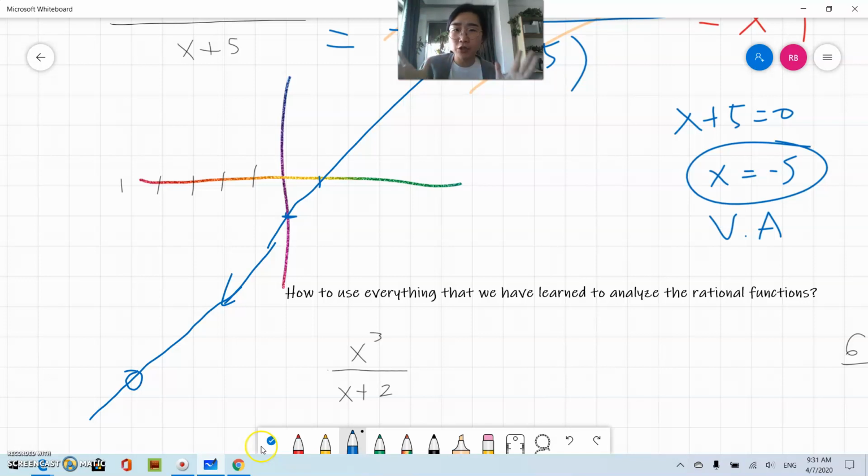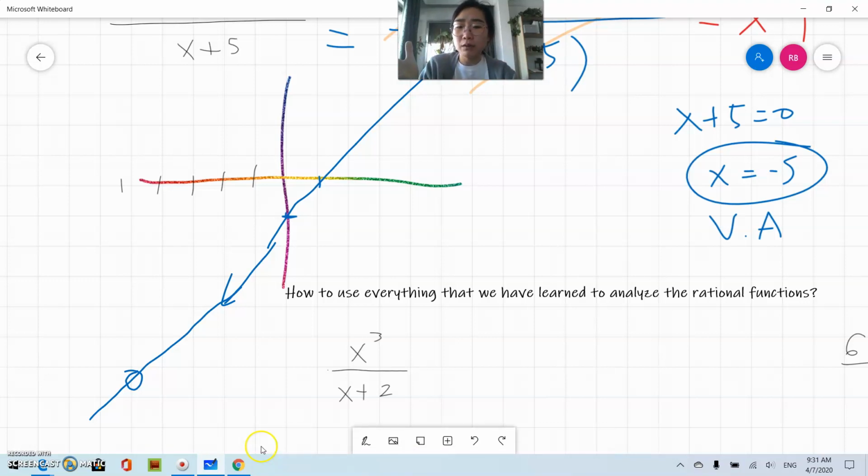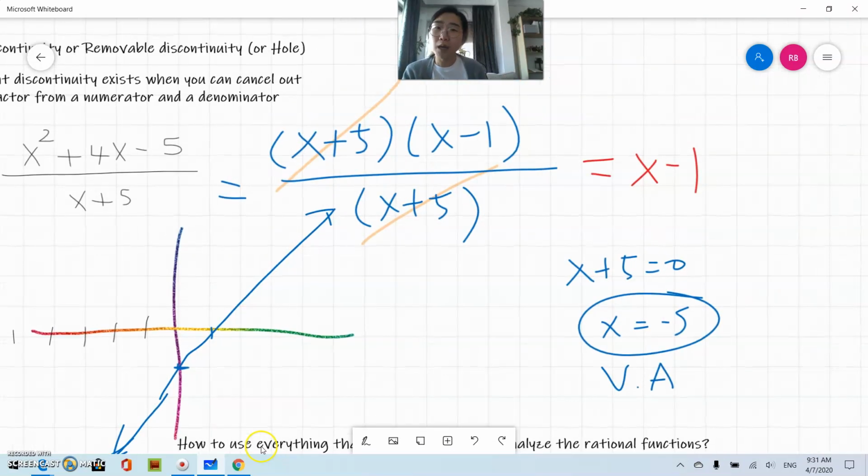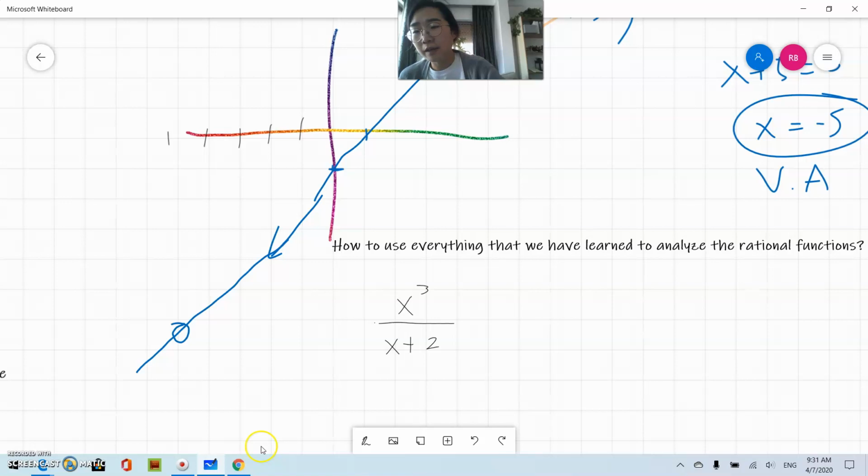Okay, I know this is a very strange concept, and that's why we always start with the domain restriction. x cannot be negative 5. But when we simplified everything, my function now looks like x minus 1, but it still holds true for your domain that cannot be negative 5. So you will see your graph having an empty place in your function, okay?